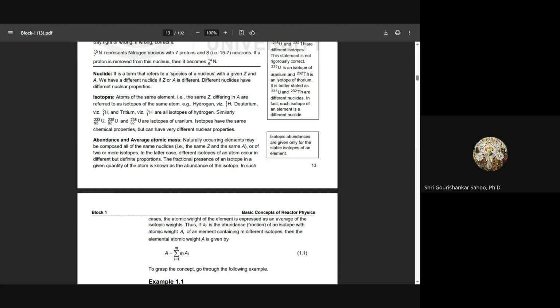Similarly, you can have different isotopes of uranium. You know the atomic number of uranium is 92.